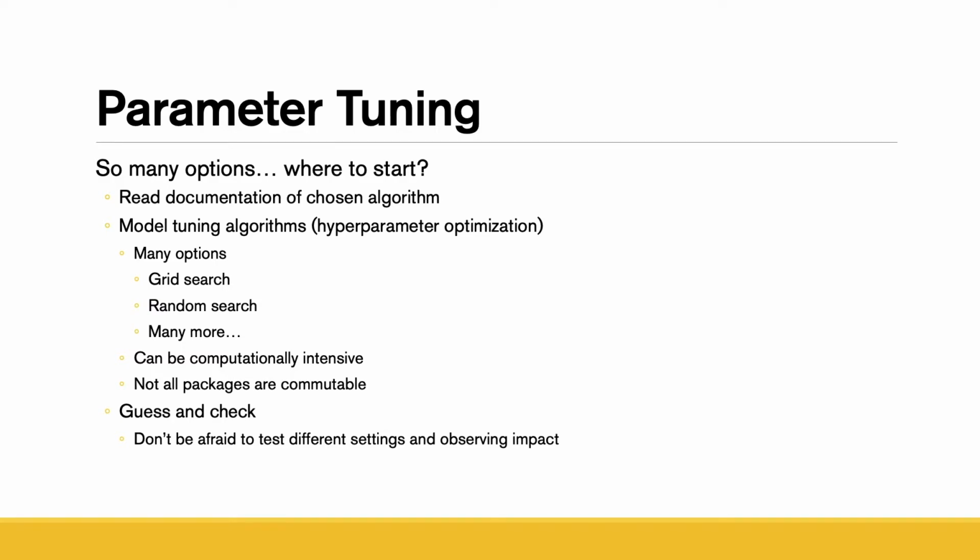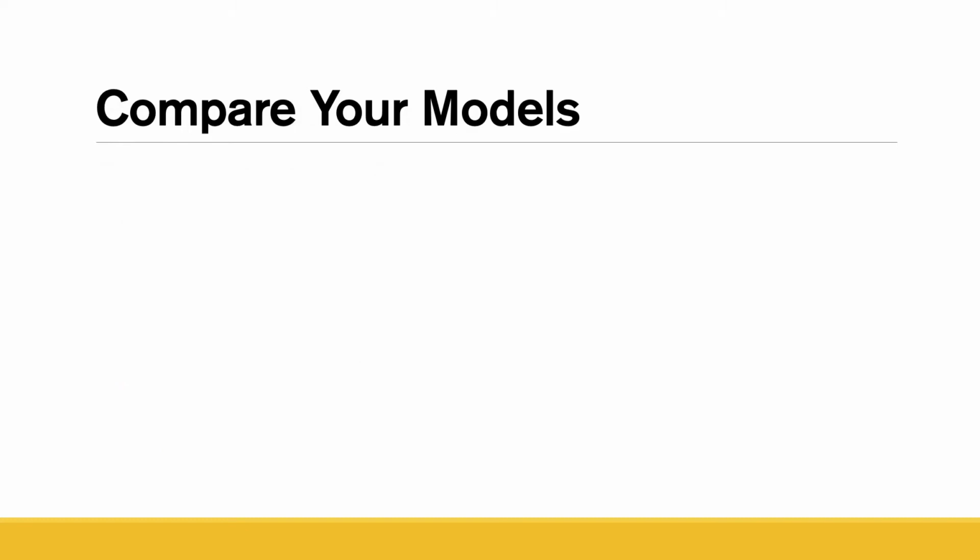There's nothing wrong with testing out different ways of approaching model building and seeing how they work. So with parameter tuning, make sure you're doing your research, reading up on it. There is the option of some automatic algorithms, but they can be problematic, and guessing and checking can be your friend.